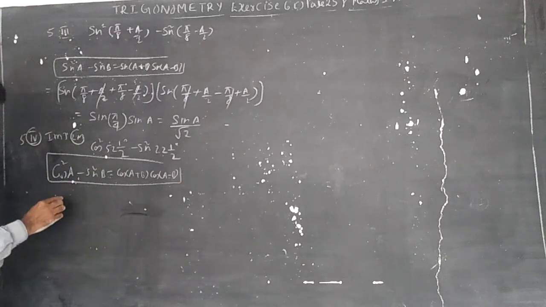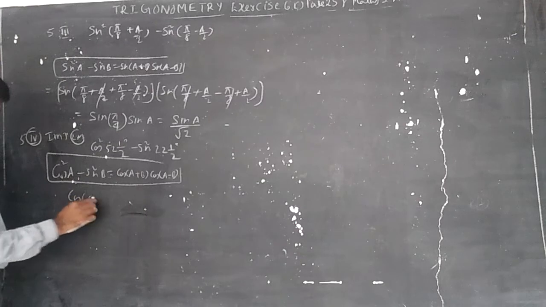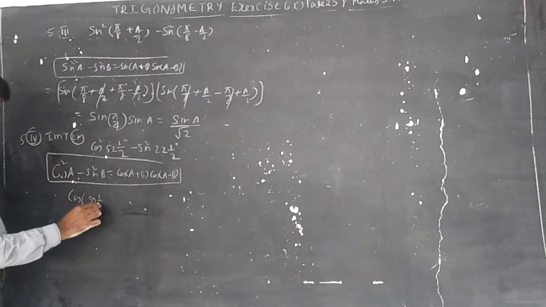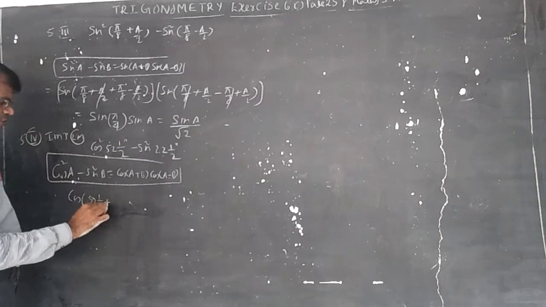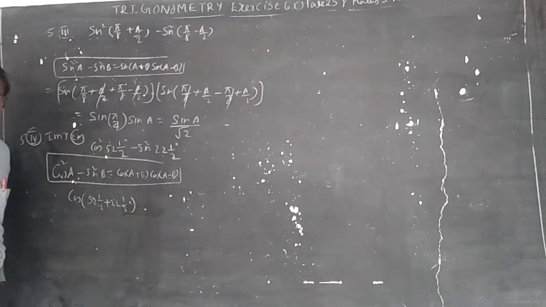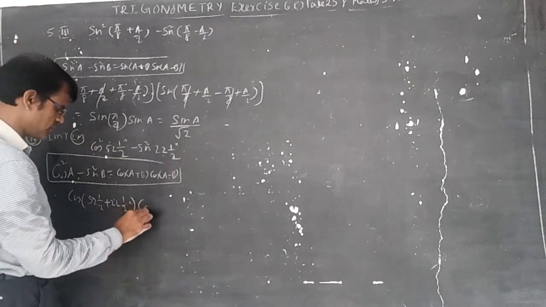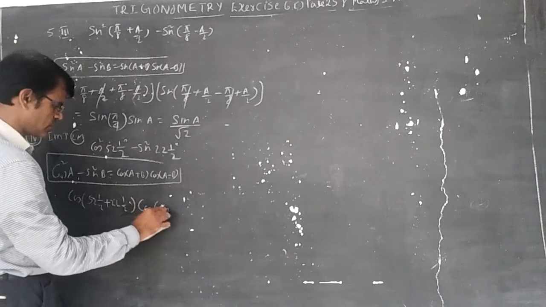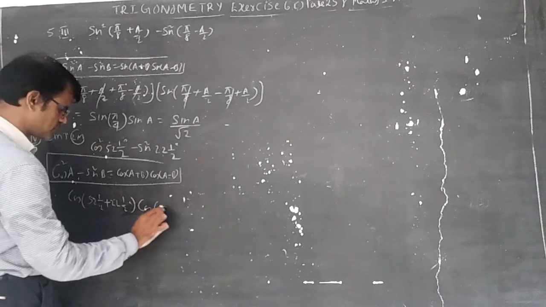So this is cos of 52 and half plus 22 and half into cos of 52 and half minus 22 and half.